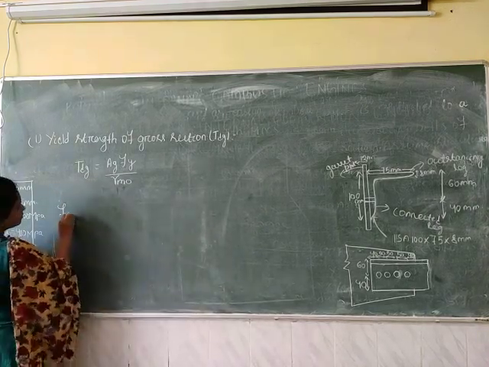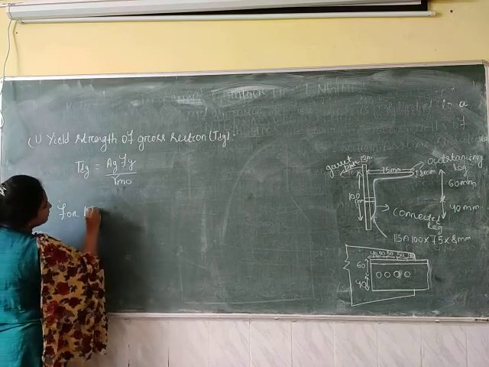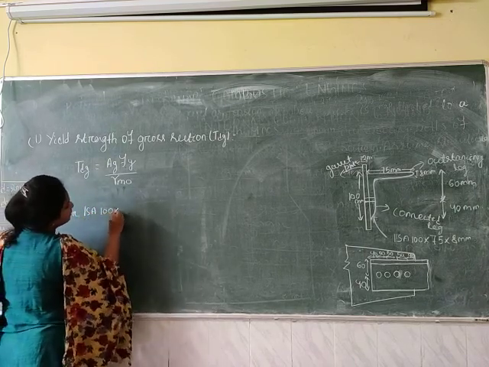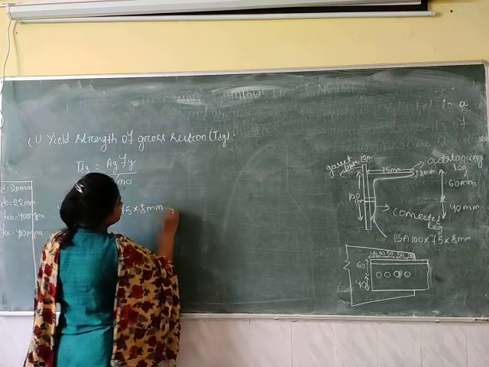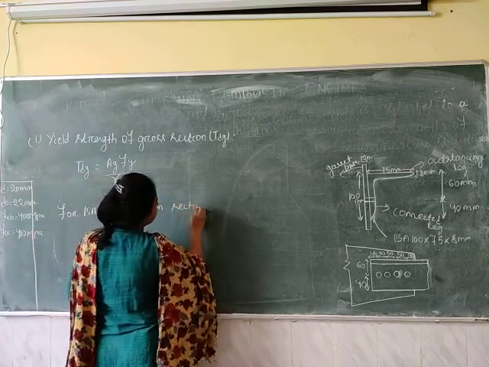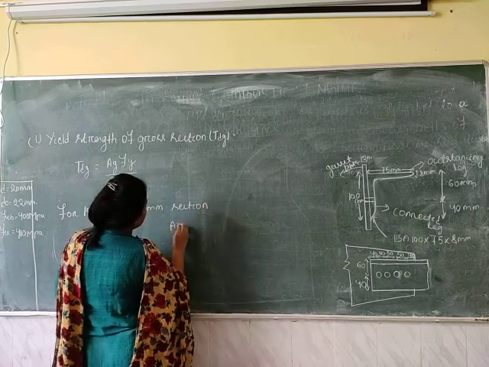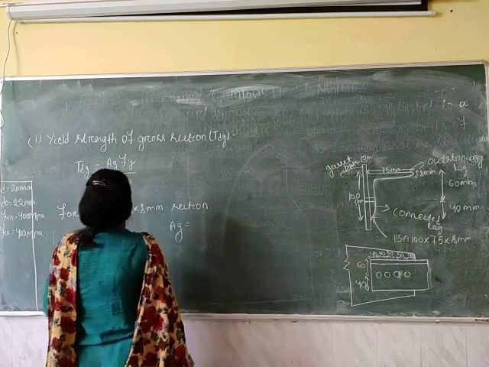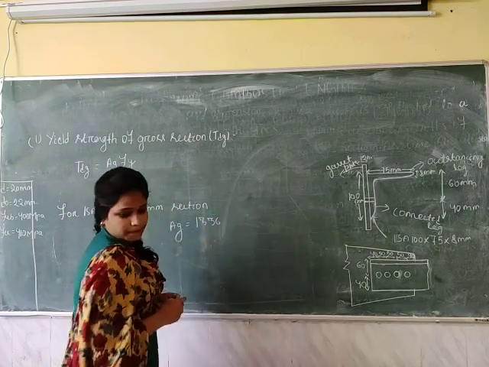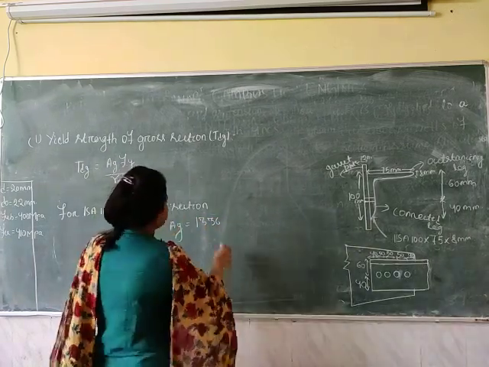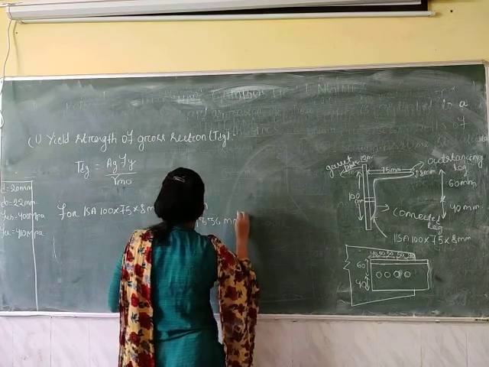So for the ISA 100 into 75 into 8 mm section, the gross area will be 1336 mm square.